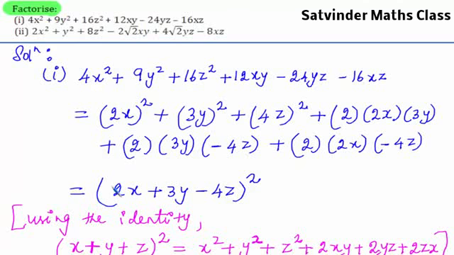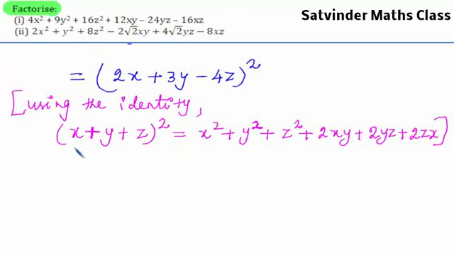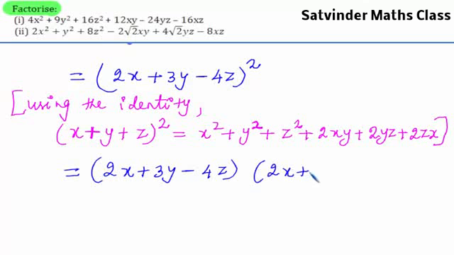We got this step by using the identity x plus y plus z whole square is equal to x square plus y square plus z square plus 2xy plus 2yz plus 2zx. 2x plus 3y minus 4z whole square can be further written as 2x plus 3y minus 4z multiplied by 2x plus 3y minus 4z.